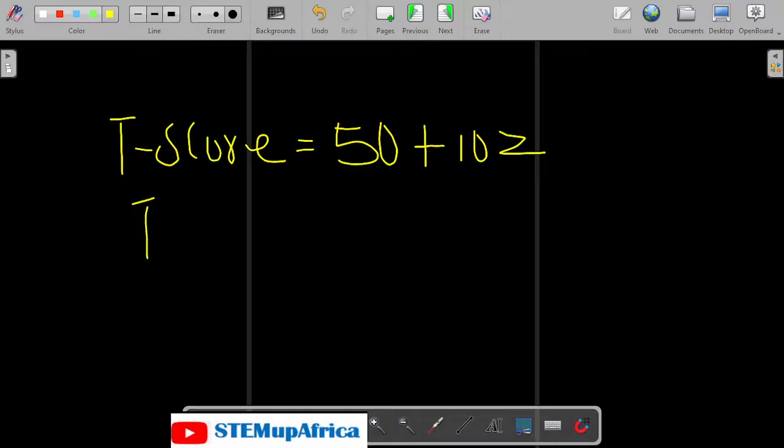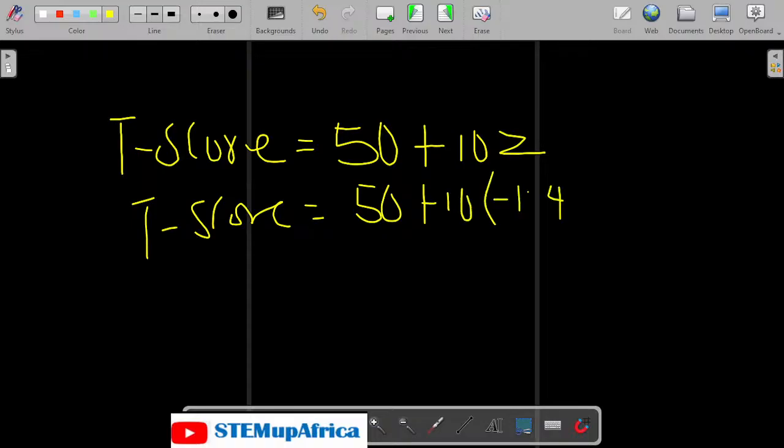So my T-score now will be 50 plus 10 times the Z-score, minus 1.43. If I simplify this, I'm going to have 50 plus 10 times this, which gives minus 14.3.